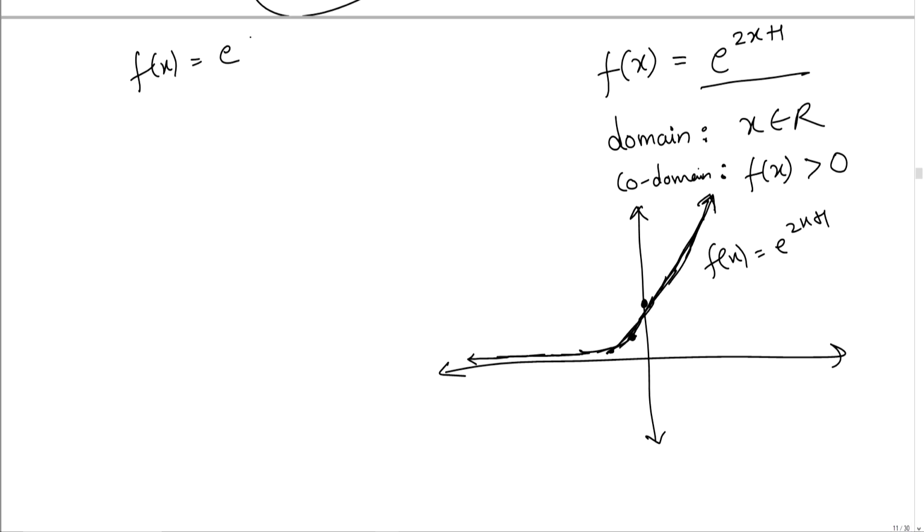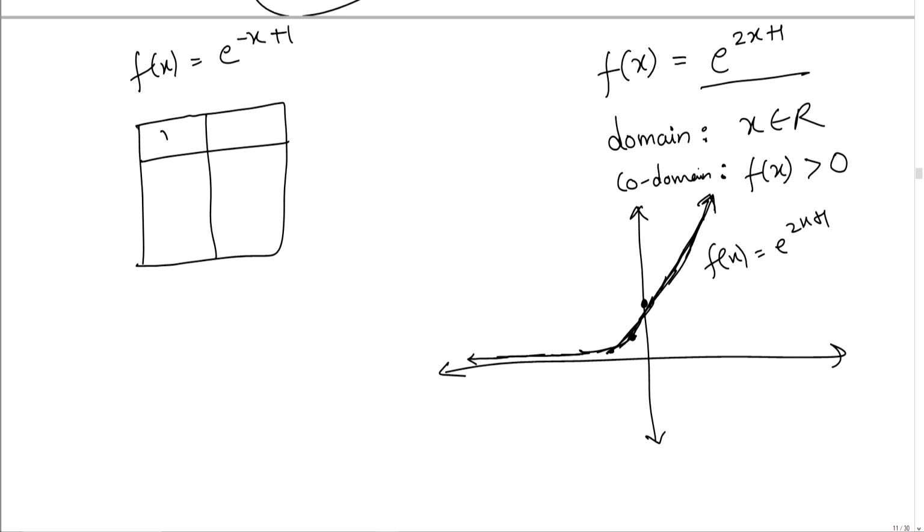What if you have e to the power minus x plus 1? Now the exponent is negative. So let us see what would happen now. Of course, x can take all real values and the function has to be always positive. So you know the domain and codomain. Well, let us just see the behavior of the function.